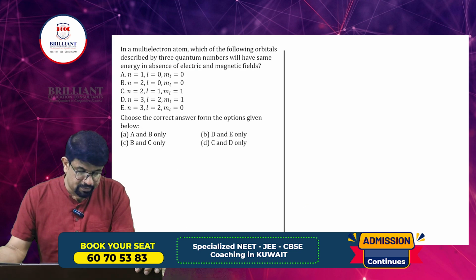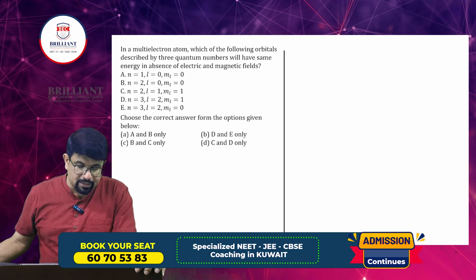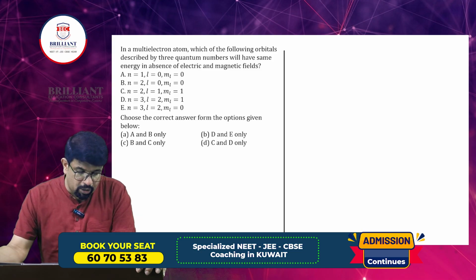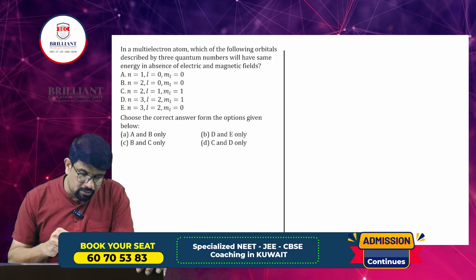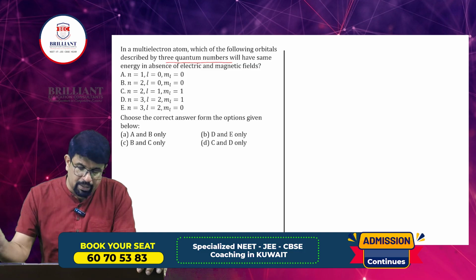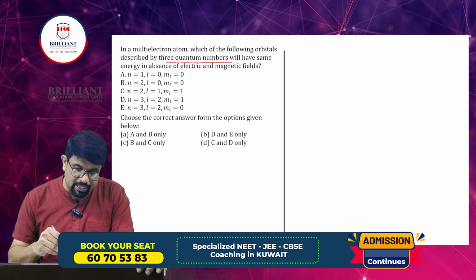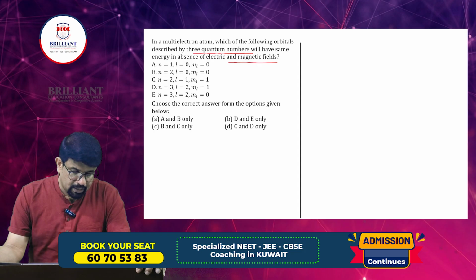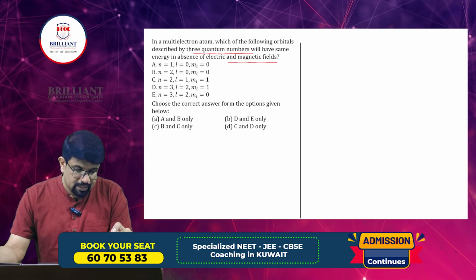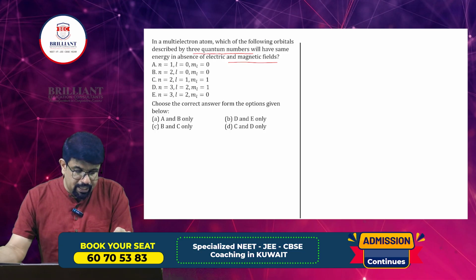Next question. In a multi-electron atom, which of the following orbitals described by 3 quantum numbers will have the same energy in the absence of electric and magnetic field? Here you can see that A, B, C, D and E are given.